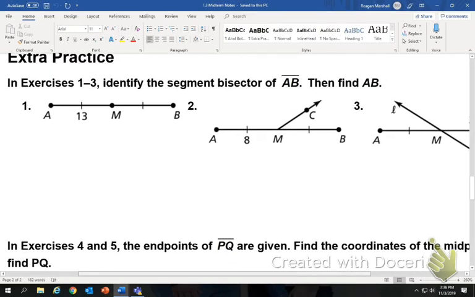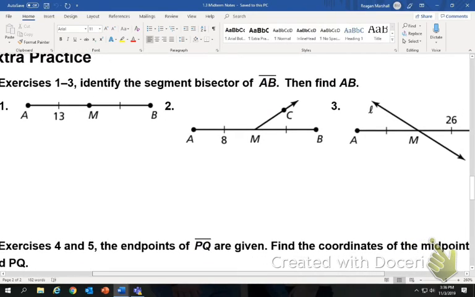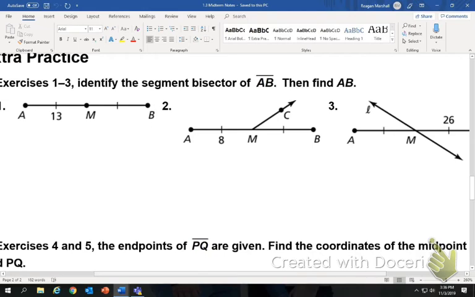This one says identify the segment bisector of AB and then find AB. Again, when there's no line above, it means the length. This means length of AB. So identify the segment bisector. The segment bisector is either the midpoint or a line that goes through the midpoint. I don't see a line. It would look like this or something like that. We don't have one.